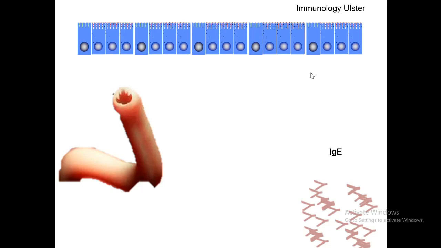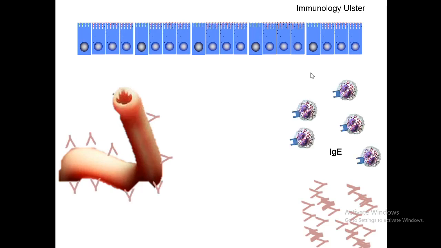We need IgE antibodies for a parasitic infection. In this case, we have a worm. Okay, and the IgE will come along and opsonize or attach to the parasite.